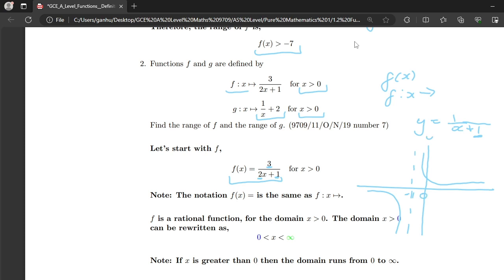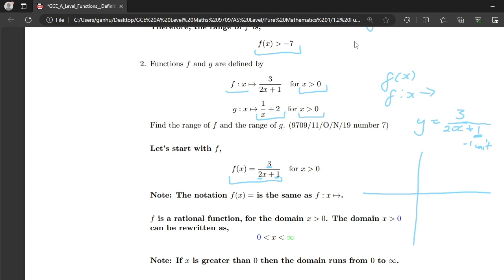This would be the y-axis, because we've now shifted the graph by minus 1 unit. And then putting a 3 on top, that's just stretching the graph in the y direction, and a 2 is a stretch in the x direction.